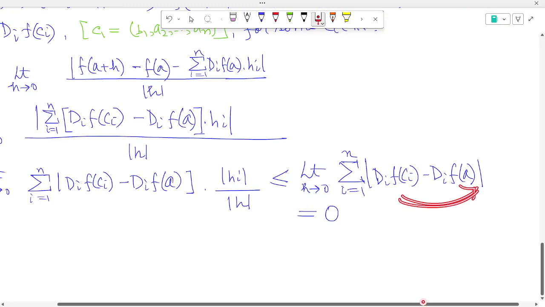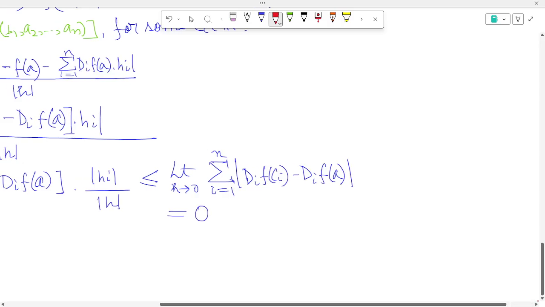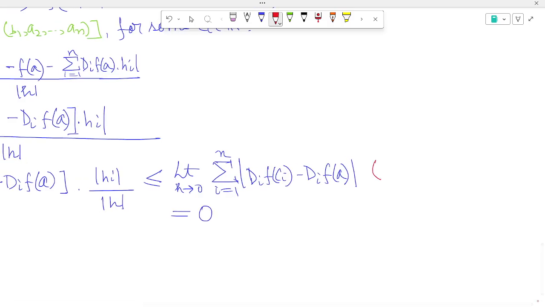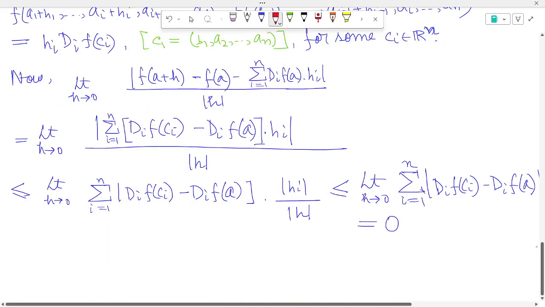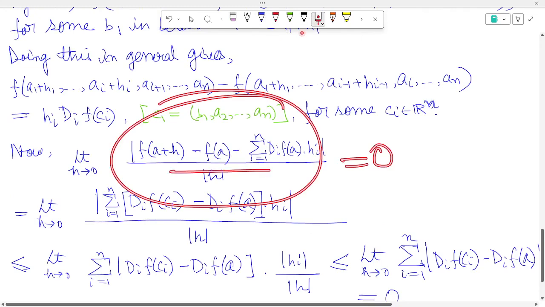That means this is 0, this is 0. Therefore, this limit is 0, and our claim is established.